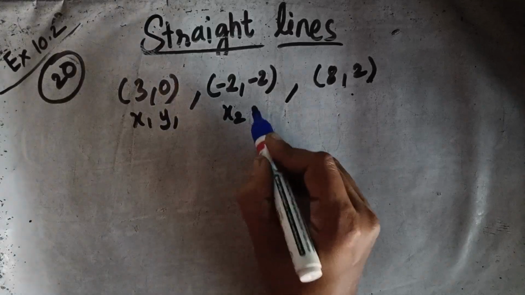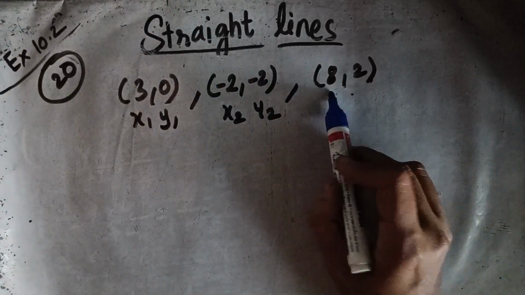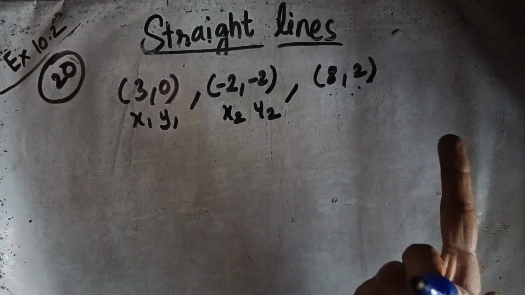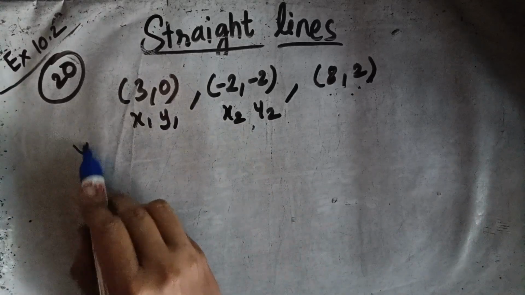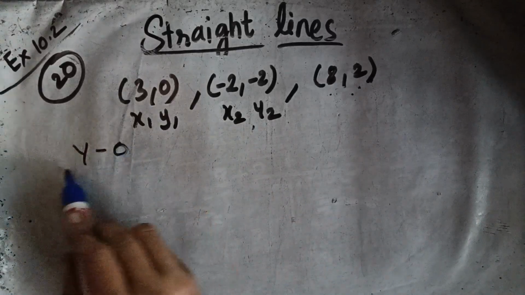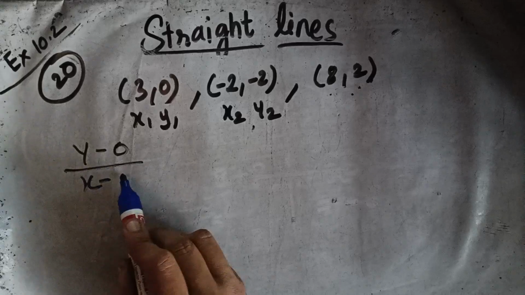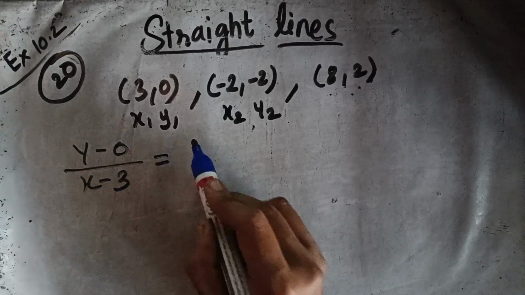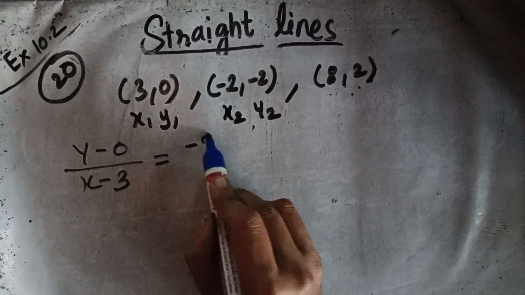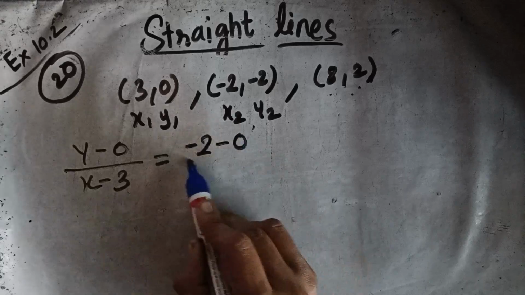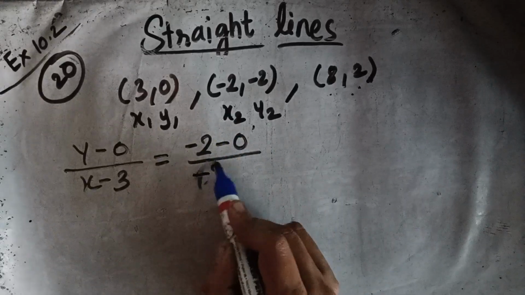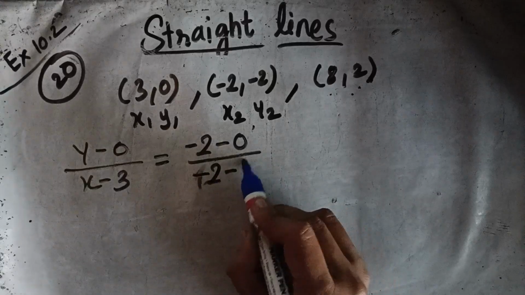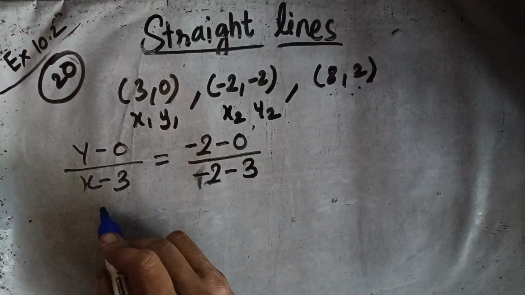This is x2 y2, and this we have to find using the equation. Okay, so we'll use 2-point form here. So y minus y1 equals y2 minus y1 upon x2 minus x1 into x minus x1.